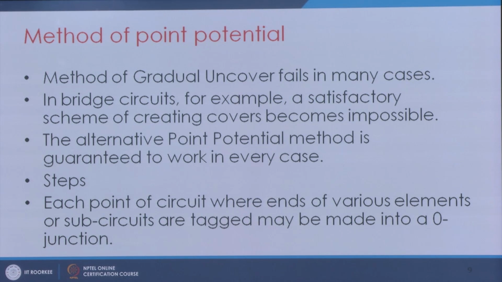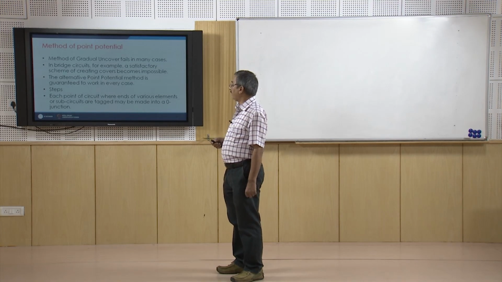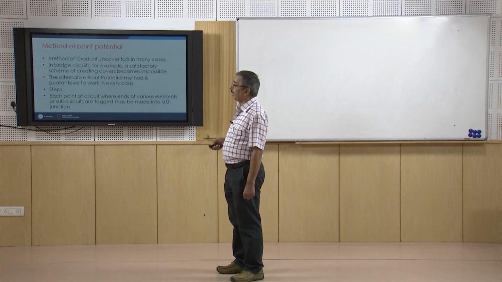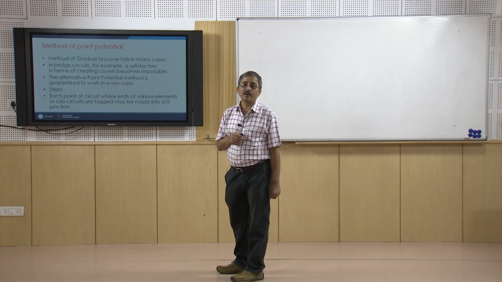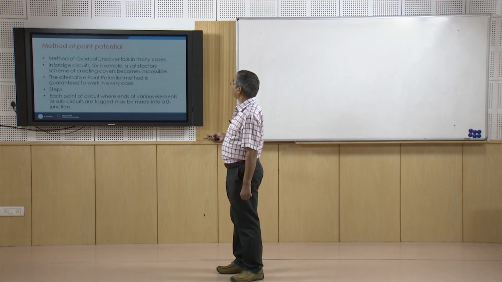Now, in this method what is done is that each point of the circuit where ends of various elements or sub circuits are tagged may be made into a 0 junction. So, this is what is done in the point potential method.